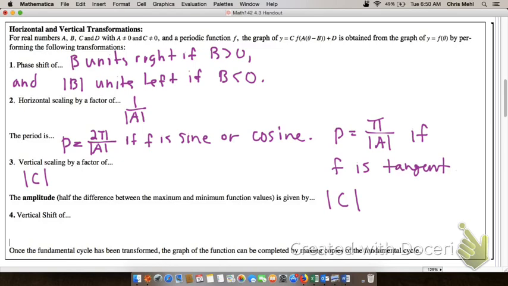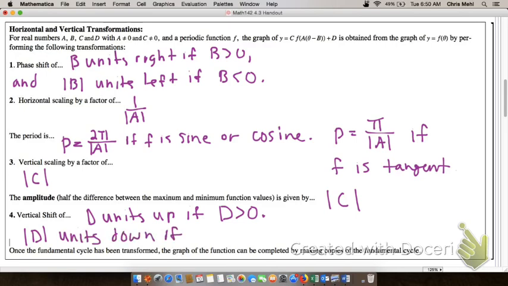And then lastly, there's a vertical shift of d units up if d is greater than 0 and absolute value of d units down if d is less than 0. Now the vertical shift is going to give you the middle value of your transformed function.